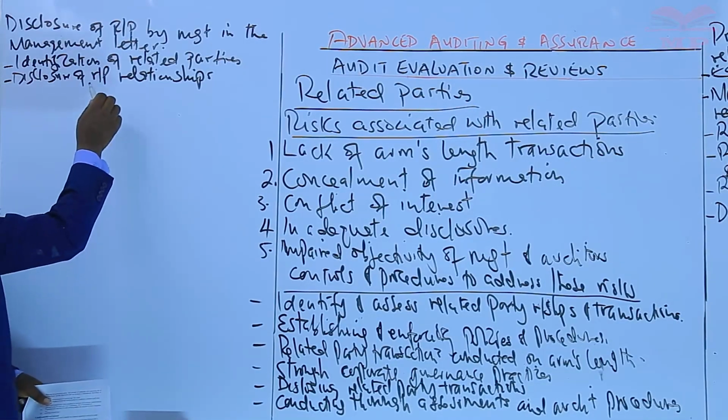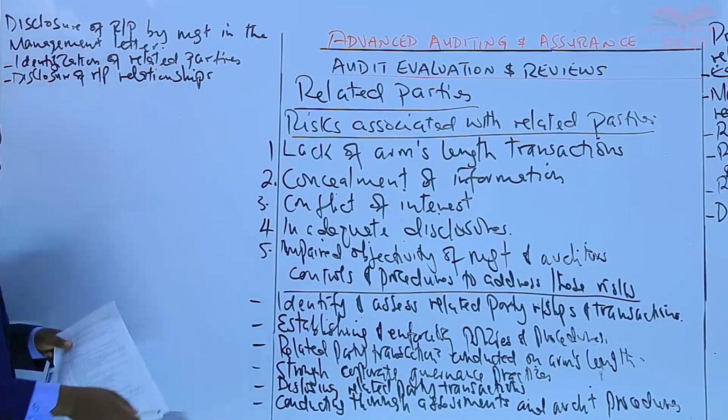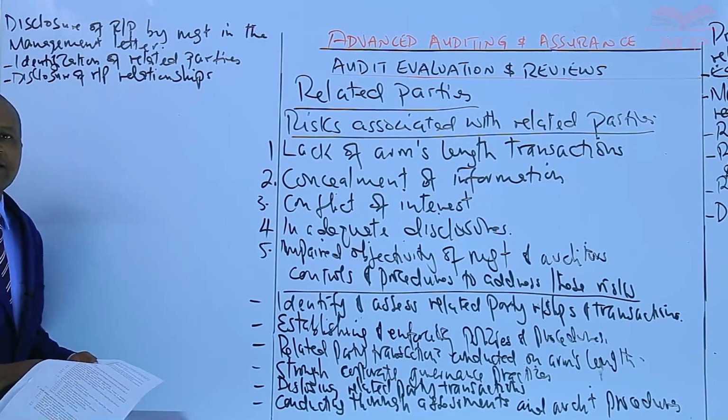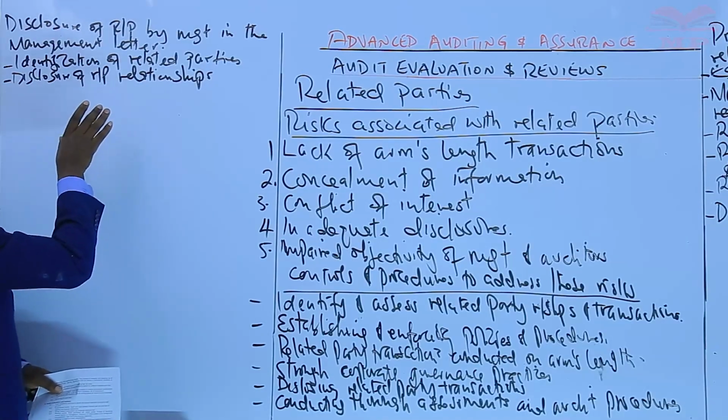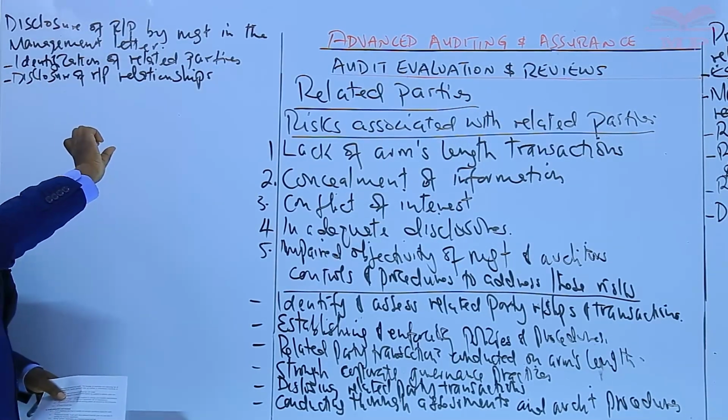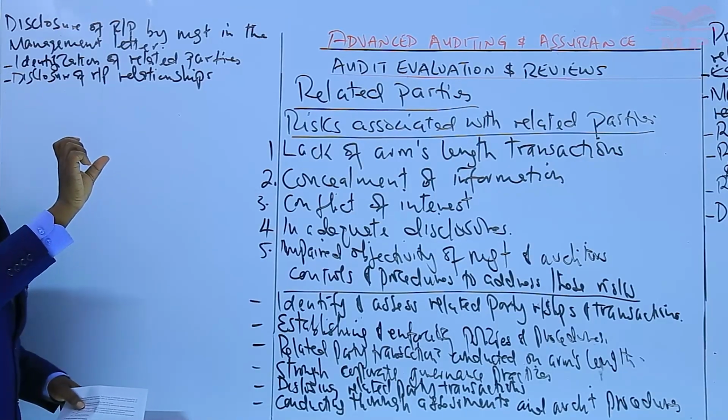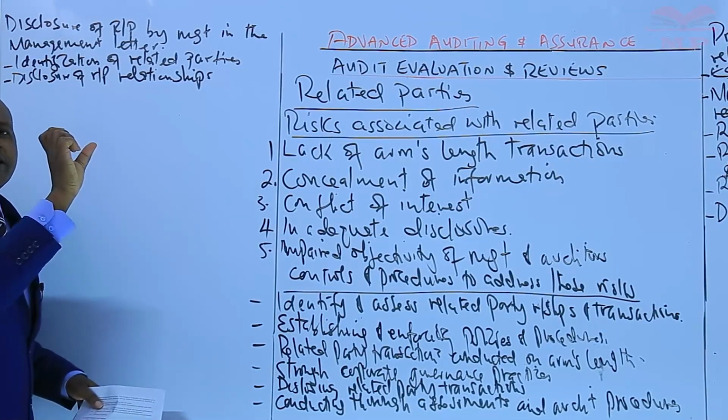So here it is the identification of related parties. The management lists all the related parties. Then in the second point, the management discloses the relationship. Okay, disclosure of related party relationships.